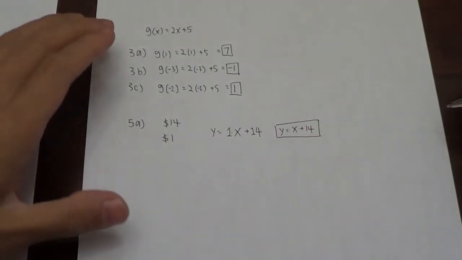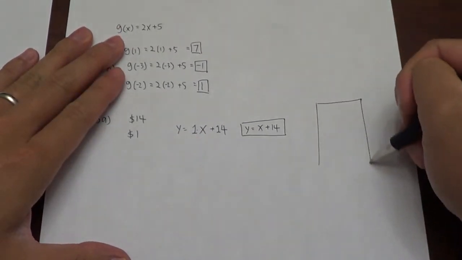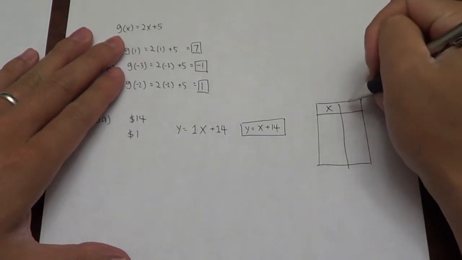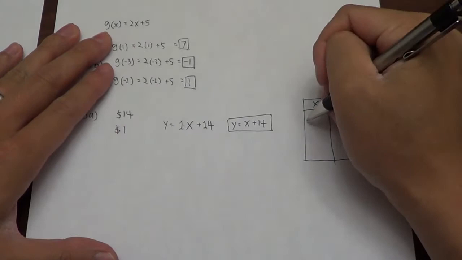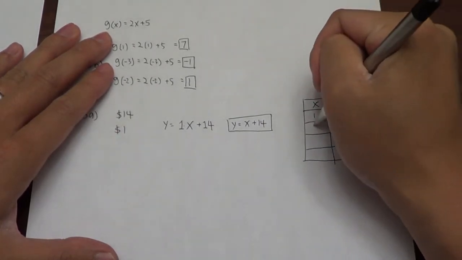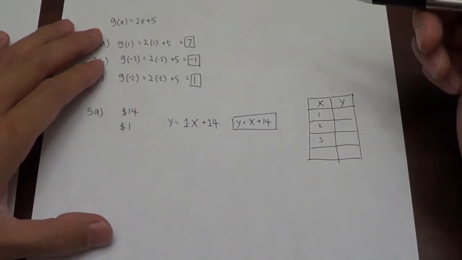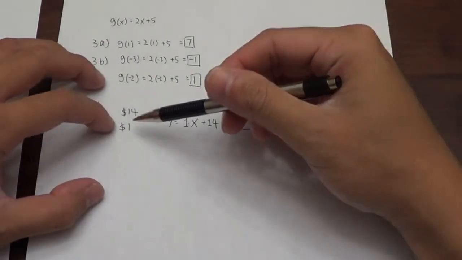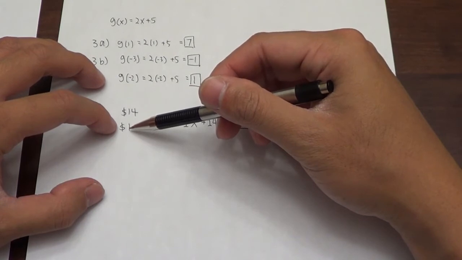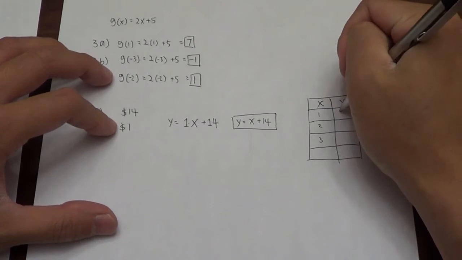And if you want to make a table, we can go ahead and make a table where our x values are on the left and our y values on the right. And really we probably just need 3 values. So when x is 1, if we make 1 cake, it will cost us $1 plus the 14 starting cost, so that would give us 15.